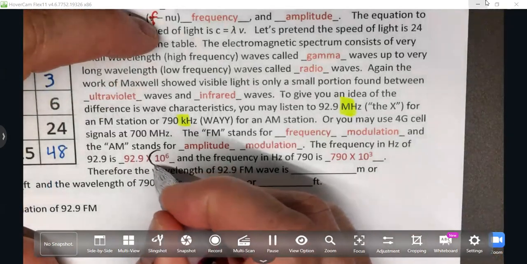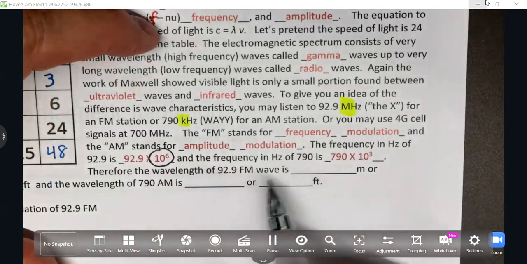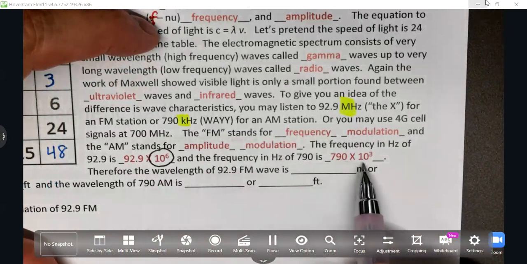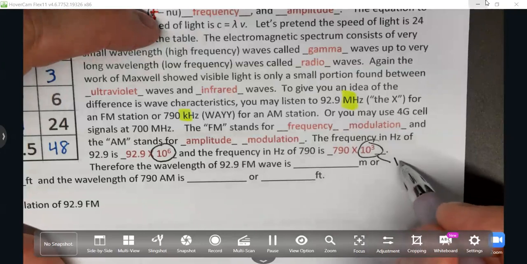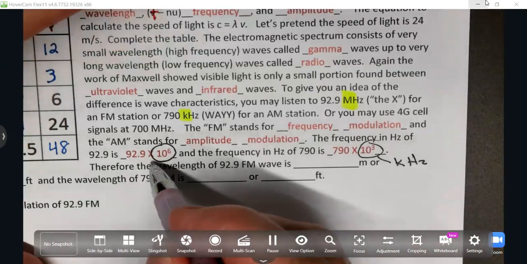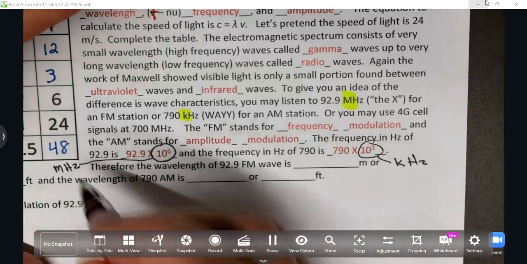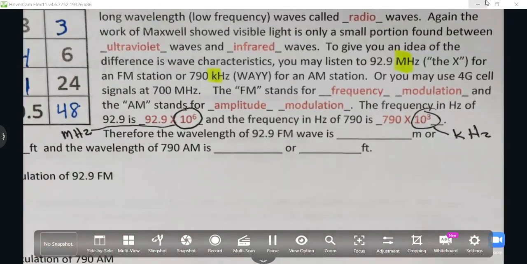This is my mega, right? And the frequency in hertz of 790 is 790 times 10 to the 3rd, because this right here is my kilohertz. Let me put in my megahertz up here. Those are frequencies.